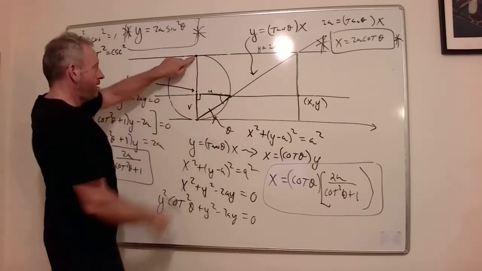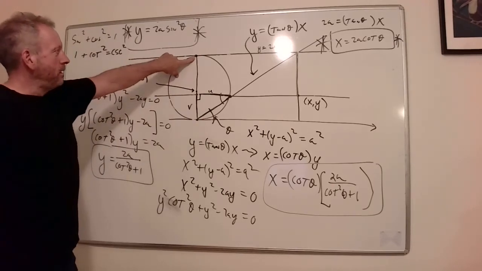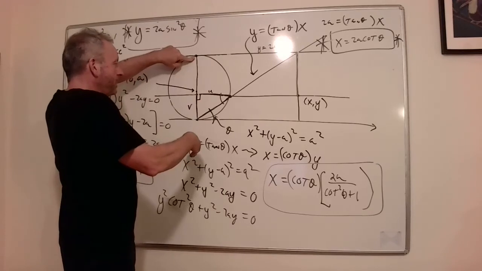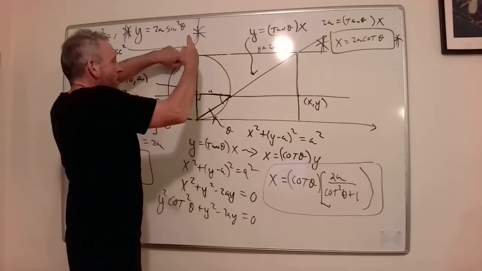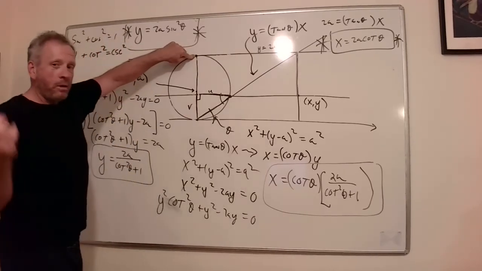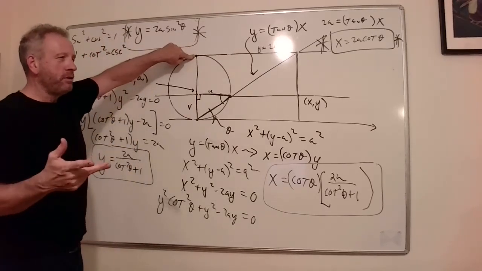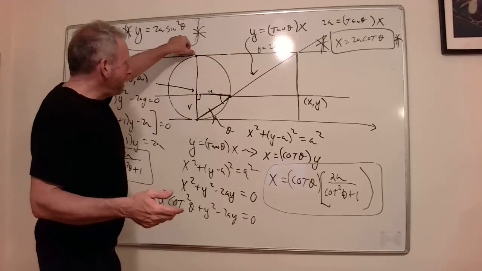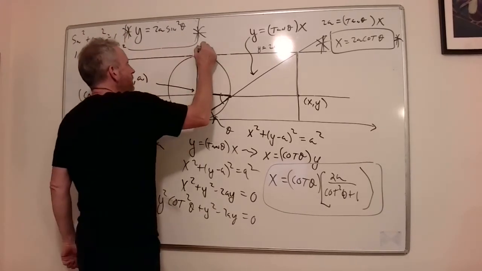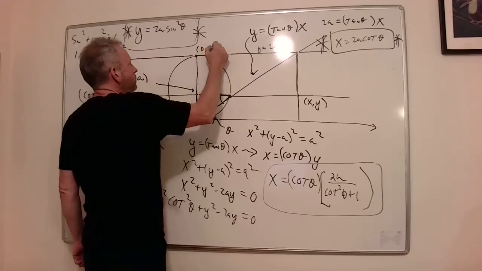Here, at that point right there. Where does it cross this horizontal line? Right there. Then we have this vertical line. And where does that cross the line through the point? Well, right there. So when theta is pi over 2, we better get this point right here. Now, what is this point? This is the point 0, 2a.